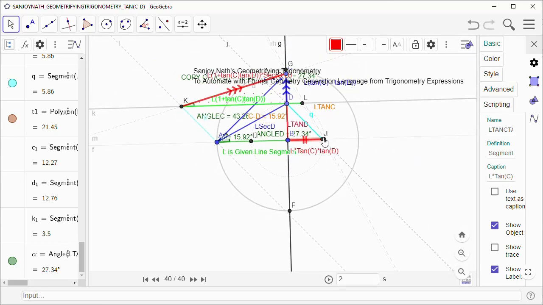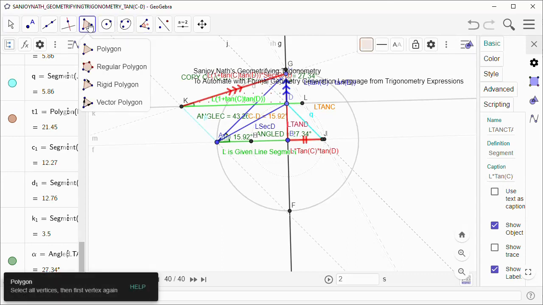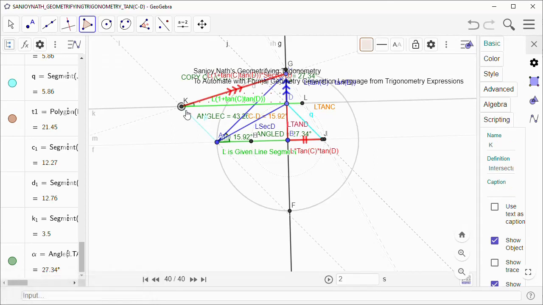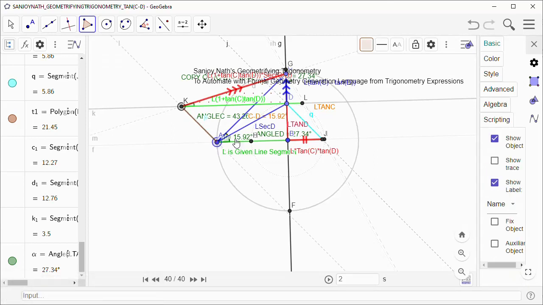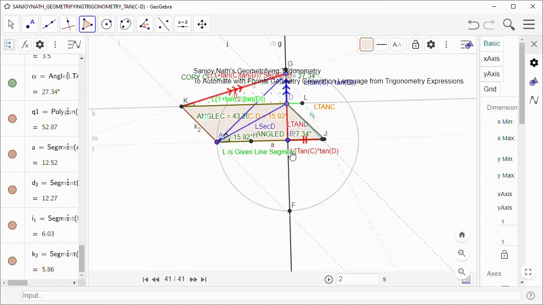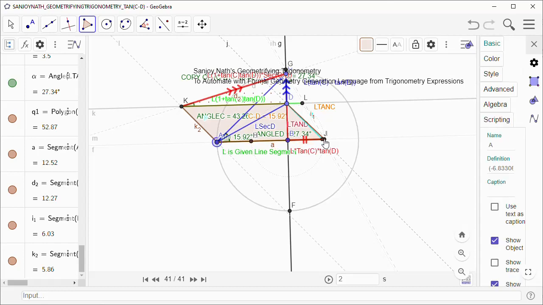Now if we draw a parallelogram here with these points, then we can become sure that this whole line is 1 plus tan C into tan D into L up to this.